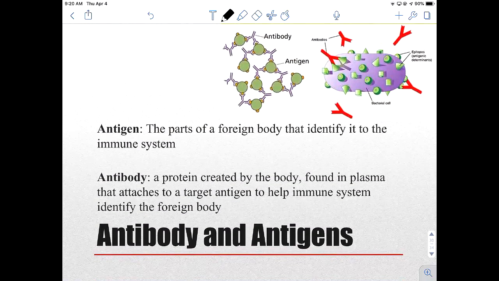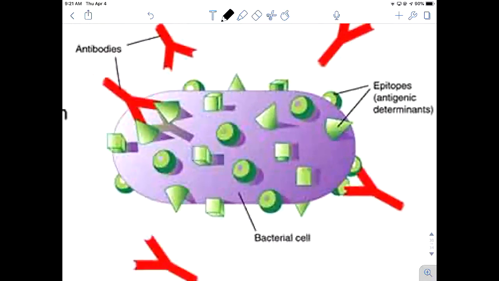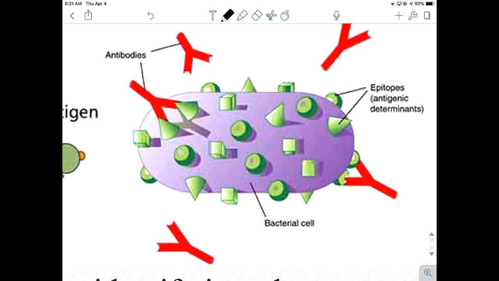So we have these two images at the top here, and we can see in this case we have a couple of generic sort of cartoons, but let's look at this bacterial cell cartoon up here. We can see the bacteria cell in purple, and then on the outside of the bacteria cell are something called epitopes, or antigens. These are essentially our antigen chemicals.